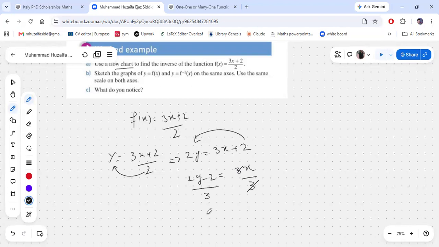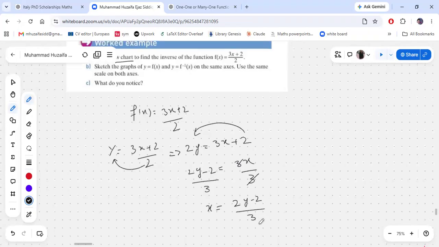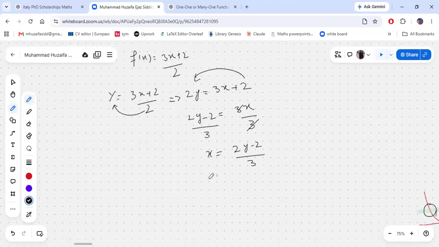Look here. x is equal to 2y minus 2, over 3. So from that, this is the f inverse of the function. We write f inverse of x is equal to 2y minus 2 over 3, and here we are using the replacing technique.